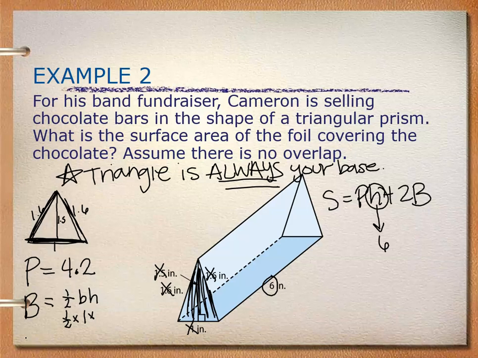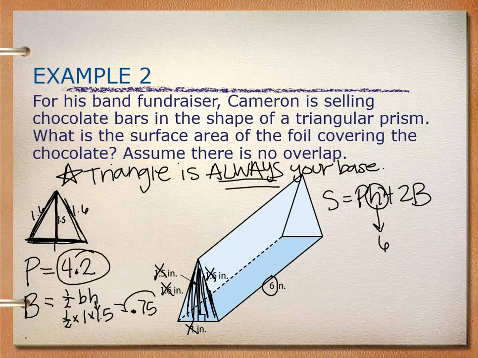Like I said, once you use that 6, you don't use it anymore. And here we're only talking about the base. So the height of the base right here is 1.5, straight up and down, 1.5. So half times 1 times 1.5. So my big B is 0.75.